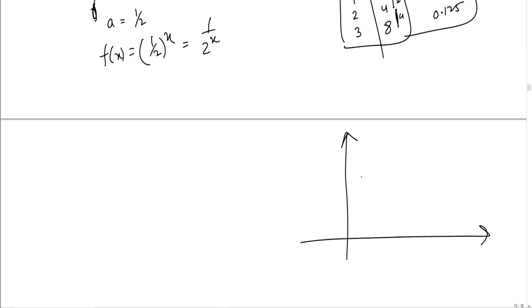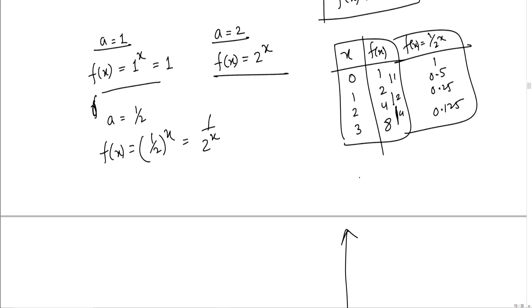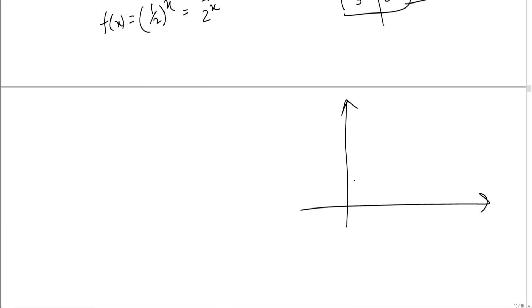So, what would be the graph of the function when the base is actually 1? Okay. How would the graph look when the base is 1? Okay. So, when the base is 1 here, the value of the function would be 1. So, let me write f of x here and x here, right.